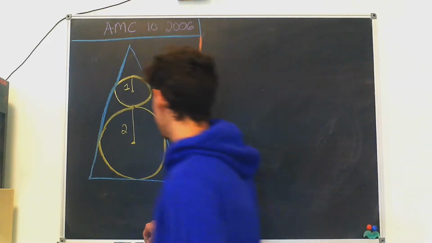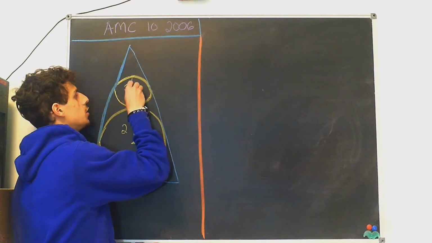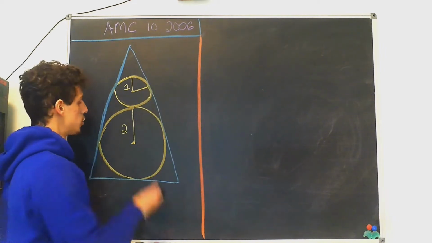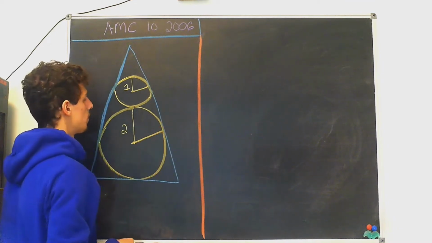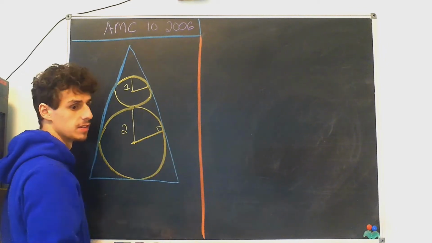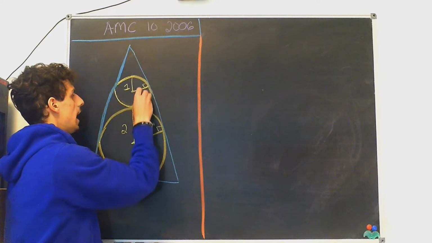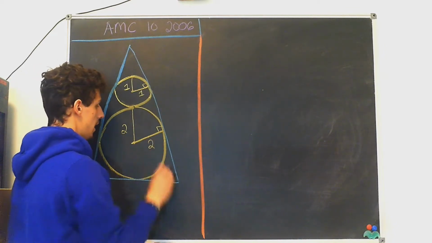First, what I want to do is extend a radius perpendicular to the tangent point on the triangle for both of these circles. We'll say that this angle here is 90 degrees, because obviously the triangle is tangent to the circle. These radii are equivalent to the radii outlined in the problem.